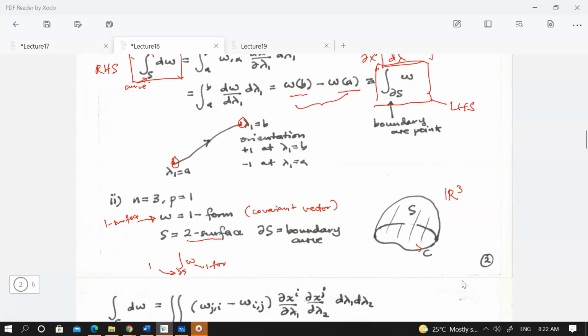Over here, in order for us to know what is the sign over here and what is the sign over here, you need to define the orientation. In this particular case, the final point, the point at the higher end, gives you a plus sign, and the other end gives the opposite direction of this particular curve, so it has to be a minus sign.